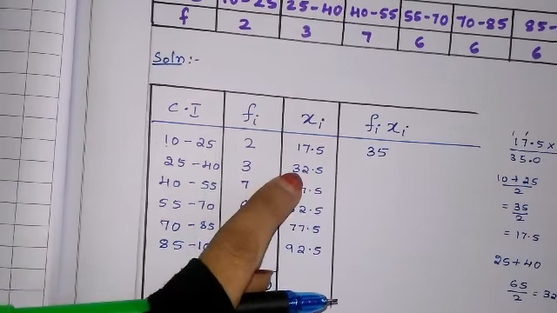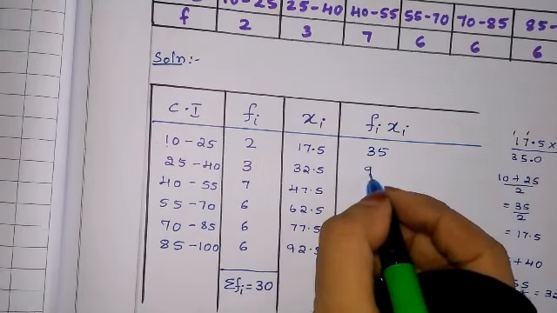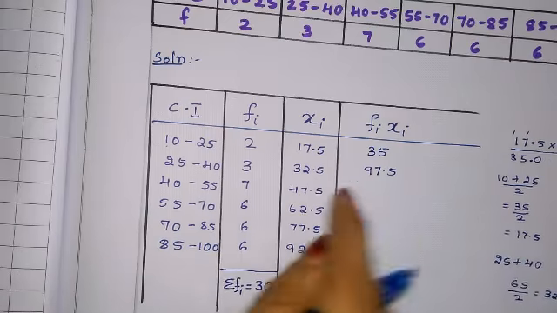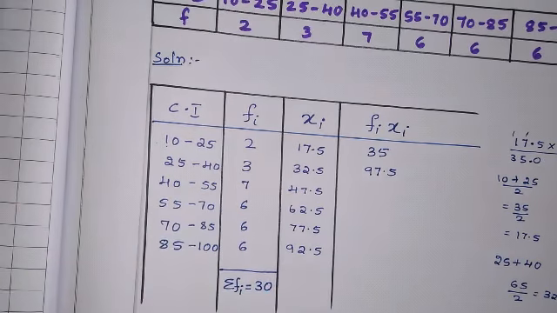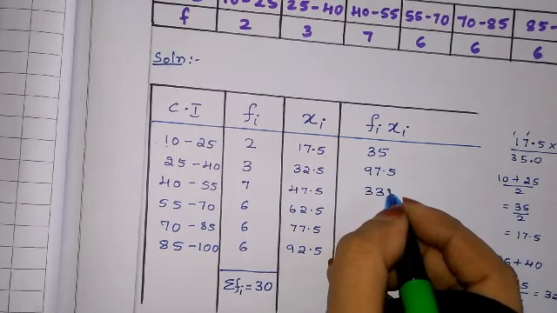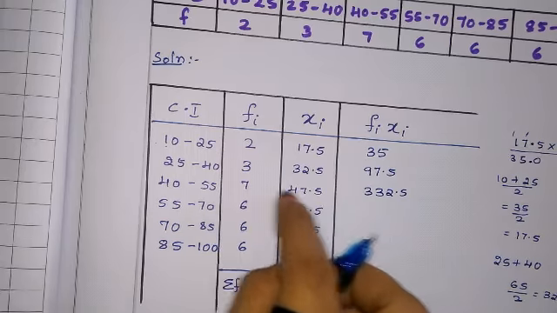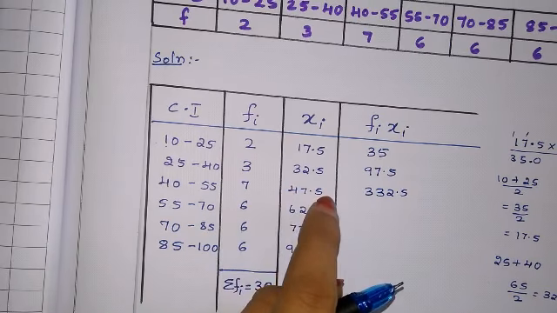So 32.5 into 3, if you do, you will get 97.5. Then 47.5 into 7 is nothing but 332.5. See, already I have multiplied and kept so that we can save our time.